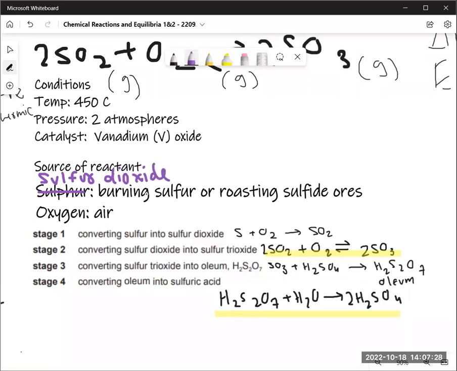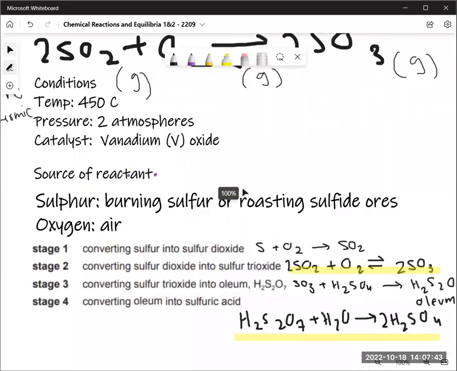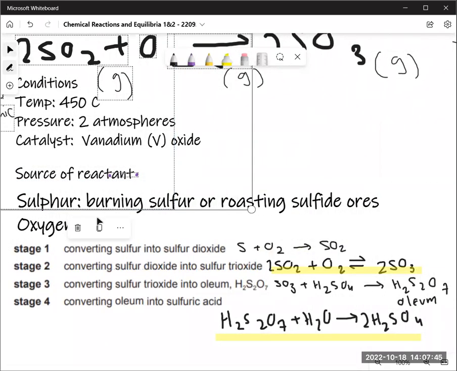Now write this in your notebook, tell me when you're done. So the source of sulfur dioxide is burning sulfur or roasting sulfide ores, and oxygen is from the air. Any questions? No. Fine.